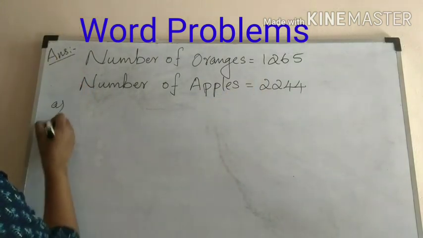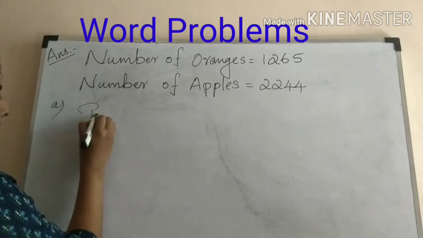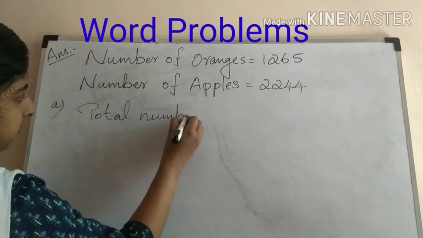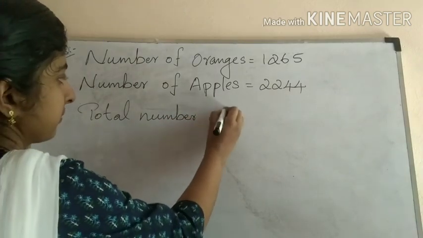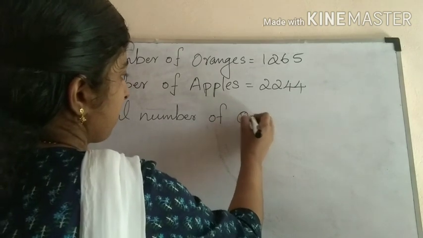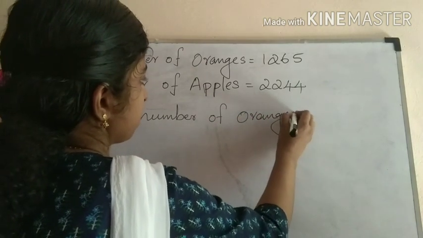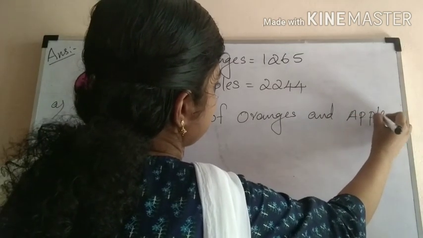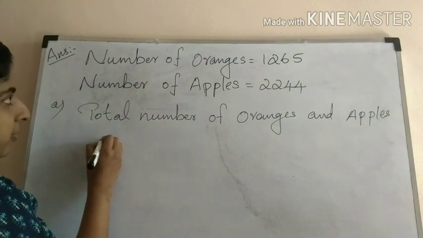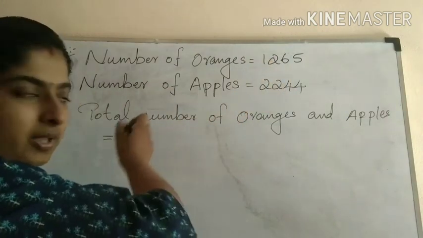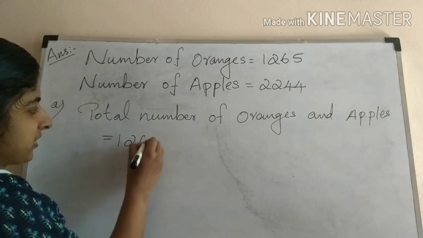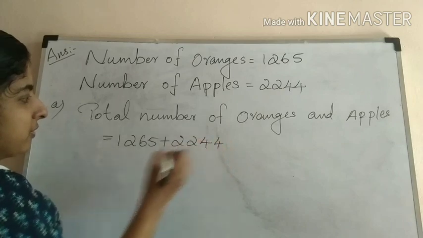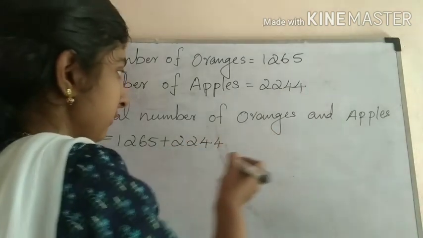Answer of question number A: total number of oranges and apples is equal to, add these two numbers, 1265 plus 2244.